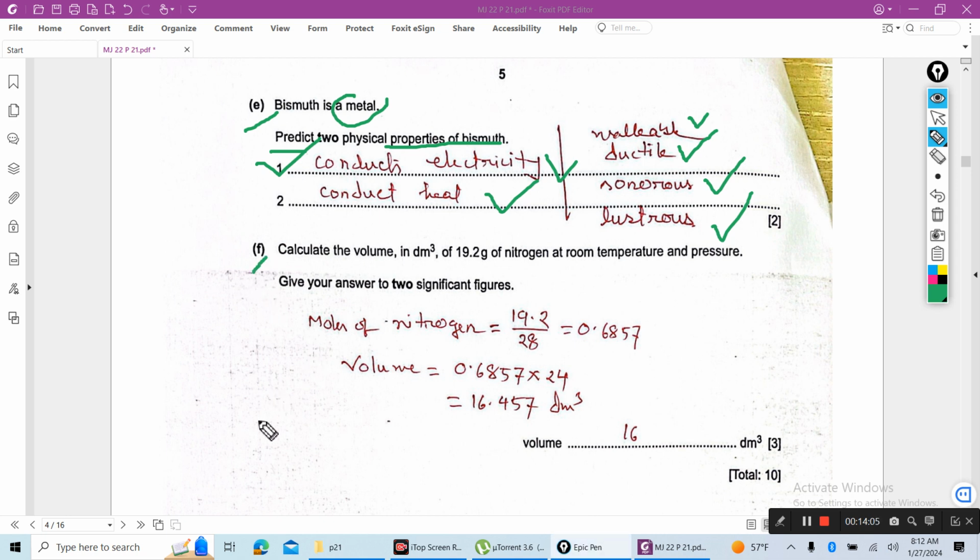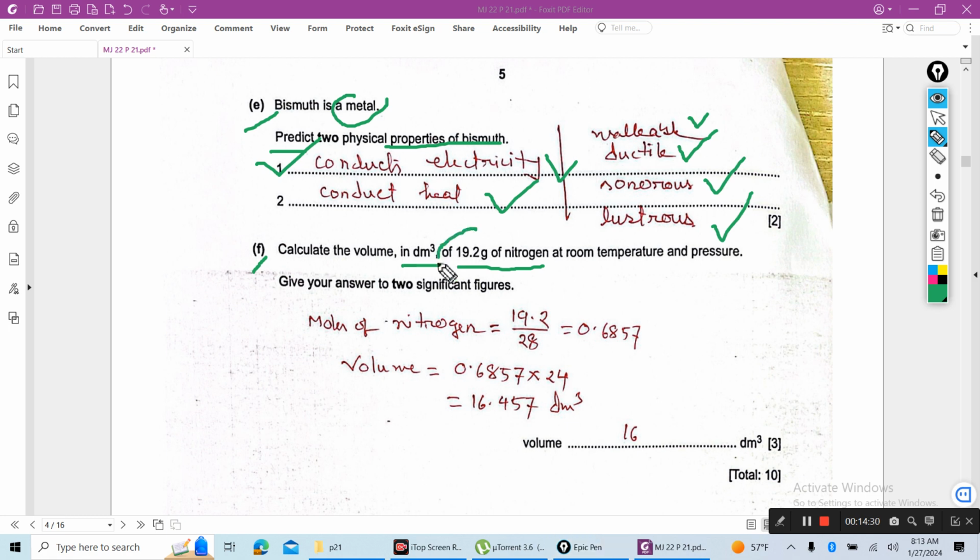Now this is a calculation. Calculate the volume in dm cube of 92.2 gram of nitrogen at room temperature and pressure.